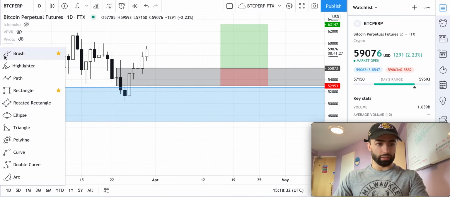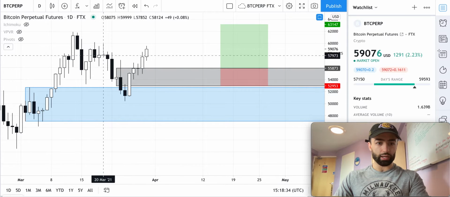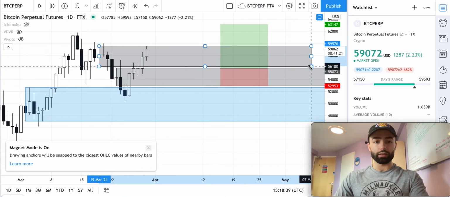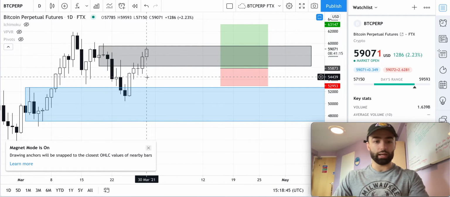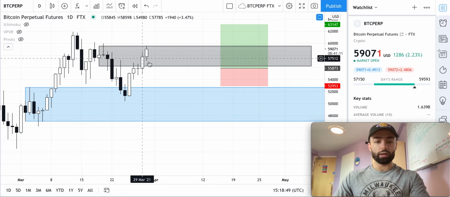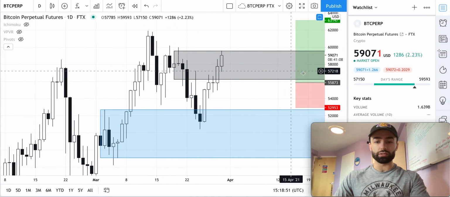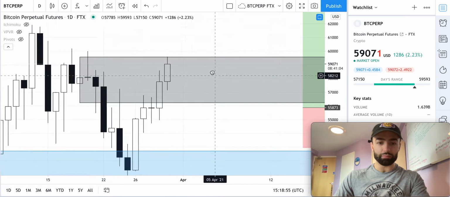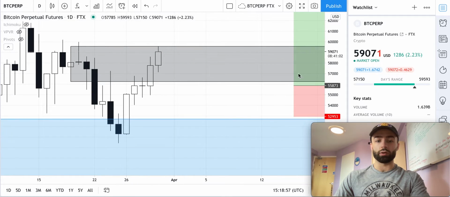The other level on the daily time frame to keep an eye on is this white candle right here. If we get rid of that, this is a resistance level that we went into right here and rejected off of. Now, if you look really closely, you can see that we did go above this level just barely, and now we're trading below it.